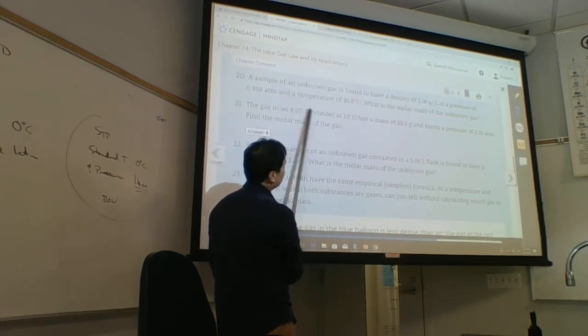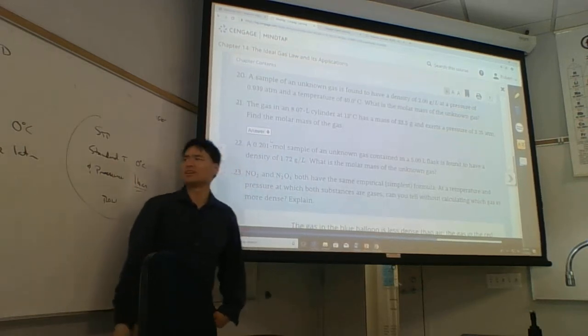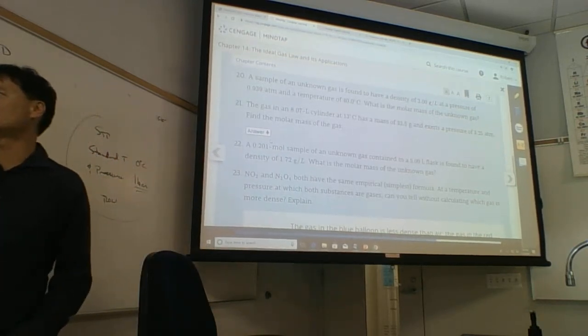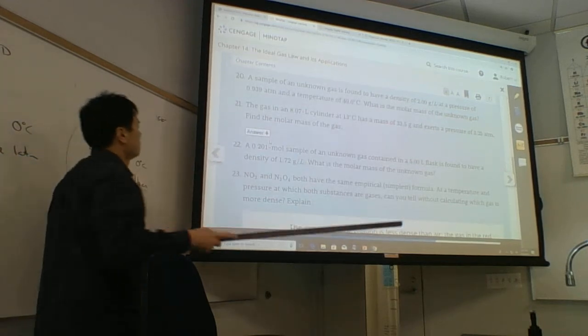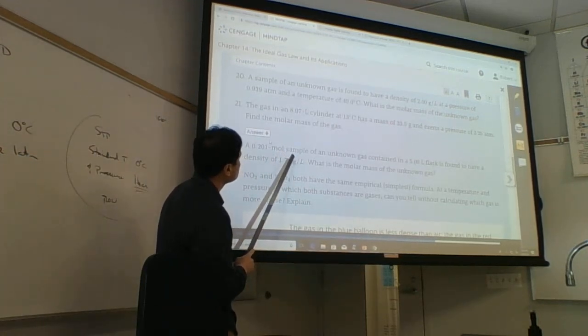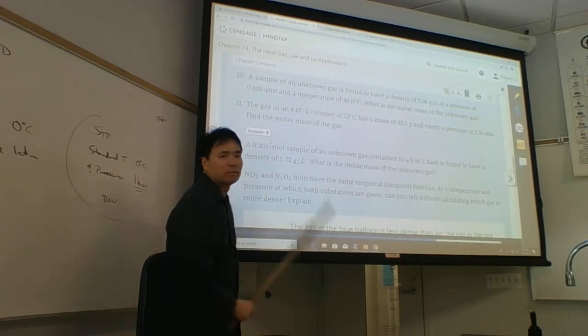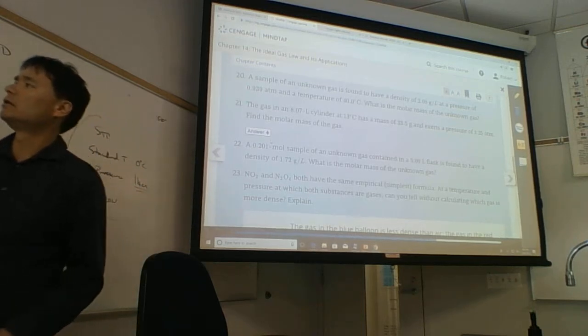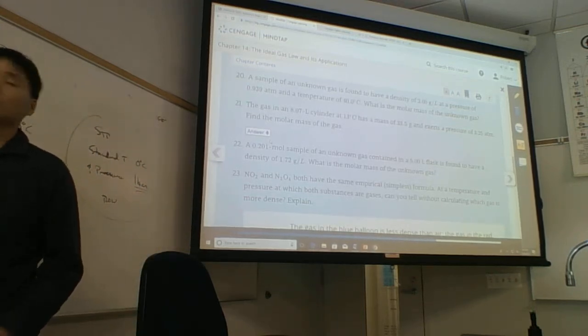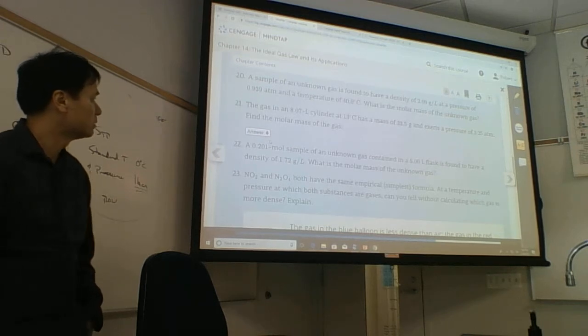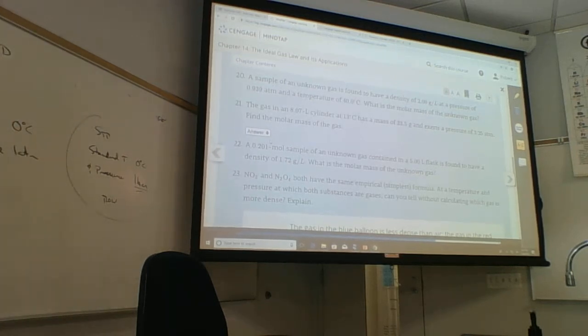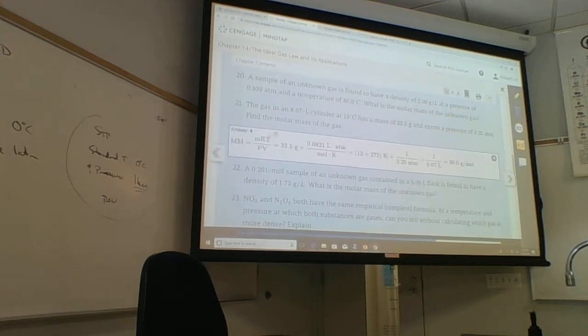But we don't have to calculate the density. We can just plug it into this equation here, mass over volume. We have the pressure, and we have the temperature. So we just plug everything into the equation and then solve. It's pretty straightforward. Molar mass is equal to mass times RT divided by PV. Plug everything in, it comes out to 30.0 grams per mole.